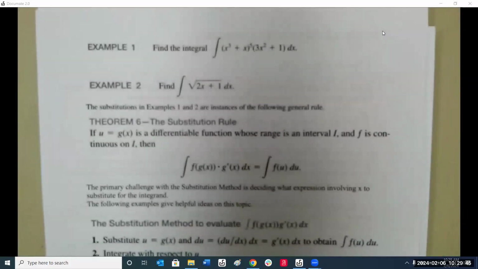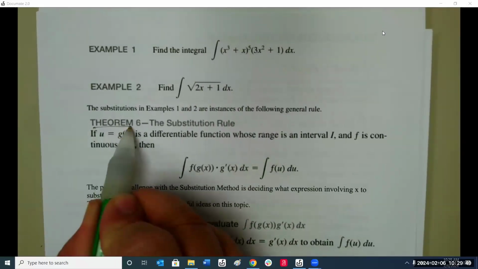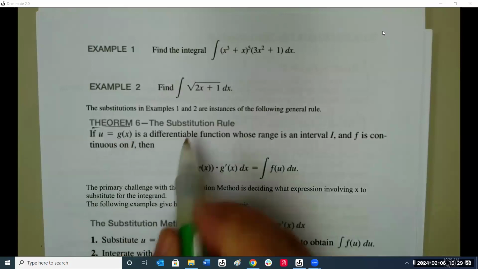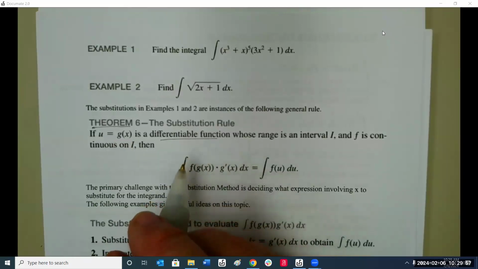All right, so let's look at our theorem for the substitution rule. Theorem 6, the substitution rule. If u is a differentiable function of x, what does differentiable imply?